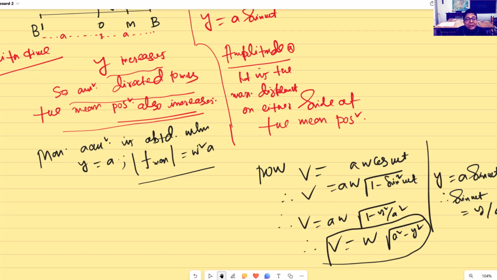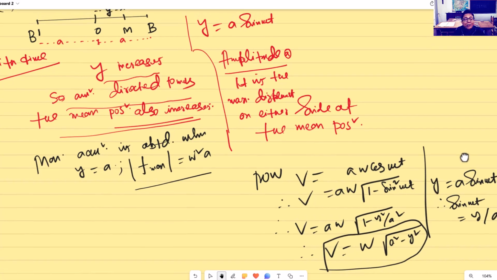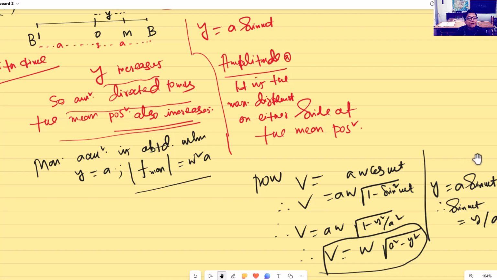This will help us to study the simple harmonic motion properly. Look at these two expressions. The expression for acceleration was F equal to minus omega square y, and the expression for velocity is omega root over a square minus y square.